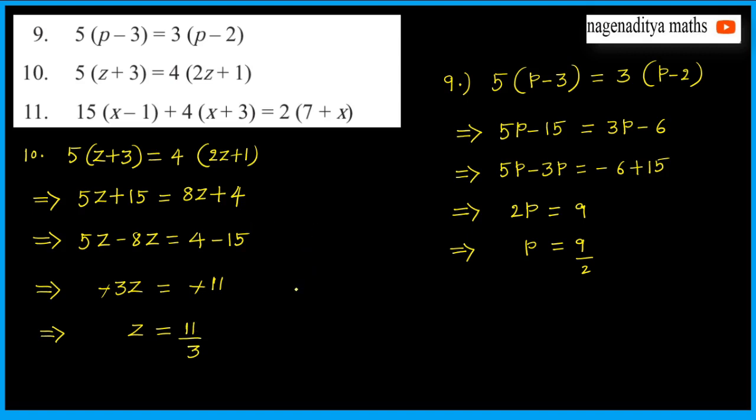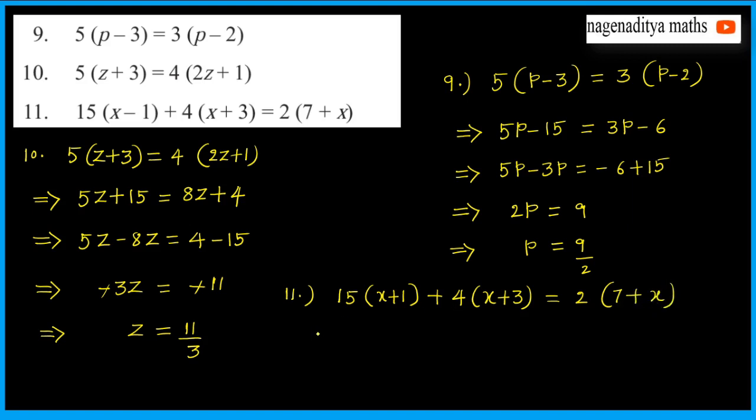Next, 11th problem: 15 into x plus 1, plus 4 into x plus 3, is equal to 2 into 7 plus x.